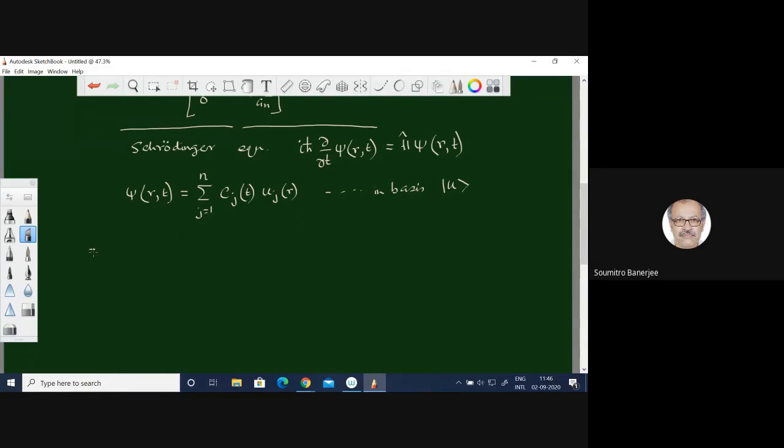So we can substitute it to get i h cross del t of the sum over j equal to 1 to n of Cj(t) uj(r) is equal to H operator operating on the same thing, the sum over j of Cj(t) uj(r). Okay.